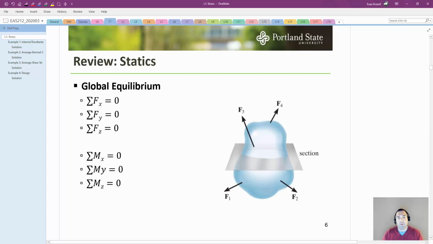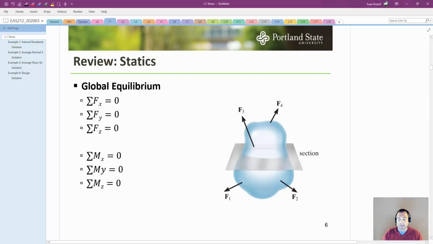So either way, the important takeaway is that because there's no net acceleration, the sum of all the forces and the sum of all the moments taken about any axis or in any direction have to be equal to 0. And we use that as a calculation tool to then be able to figure out the unknown forces based off a free body diagram that we create.